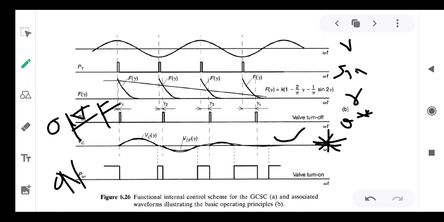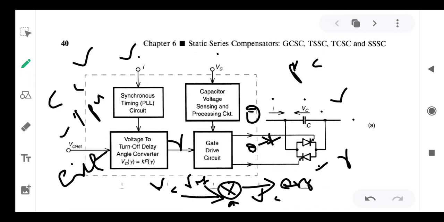These are the waveforms of GCSC, and this is the corresponding control and power circuits of GCSC. With this, the GCSC control circuit is completed, which is similar to that of your TCR.